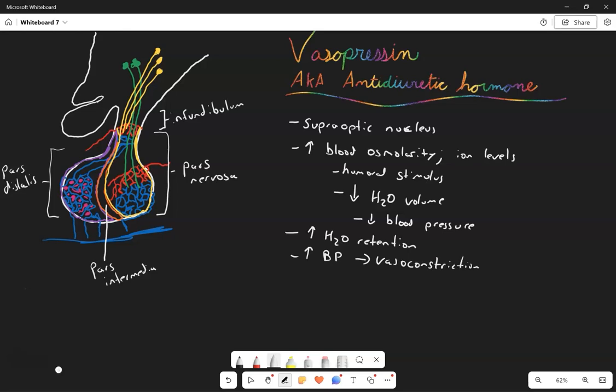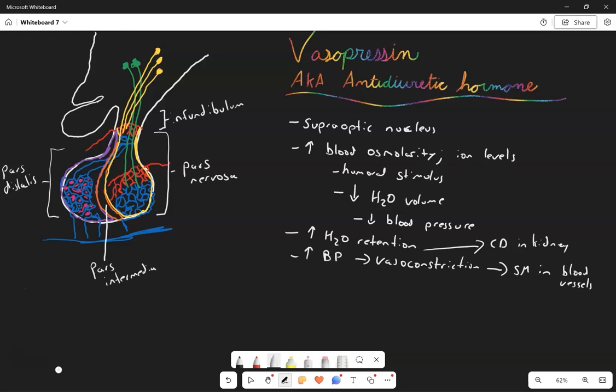Two different pathways, which means it has two different targets. The first is a result of it targeting the collecting ducts in the kidney, and the second is a result of it targeting smooth muscle in or surrounding blood vessels.